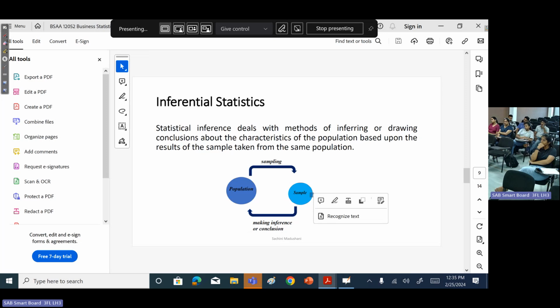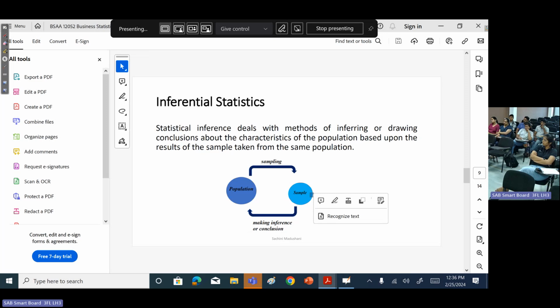Collecting, organizing, presenting, analyzing, all those things we do using the sample data. Then finally we have the results. Based on the sample data, we have the result. Based on that result, what can we do? Make effective decisions about what? Based on the sample data, we can make decisions about the population.